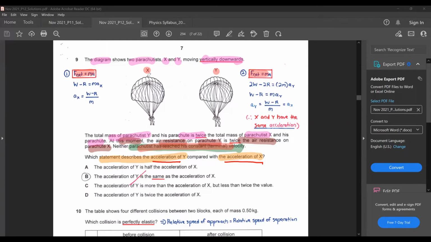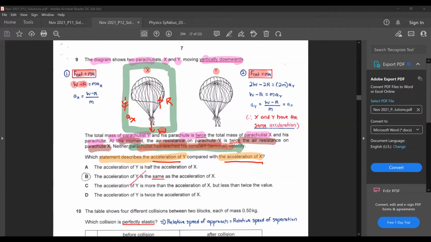for parachutist X, let's say his weight is W and his air resistance is R. Say his acceleration is AX. I apply F net equals ma here. W minus R will be my F net.